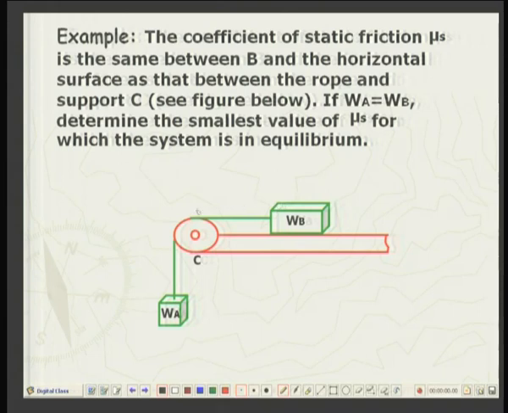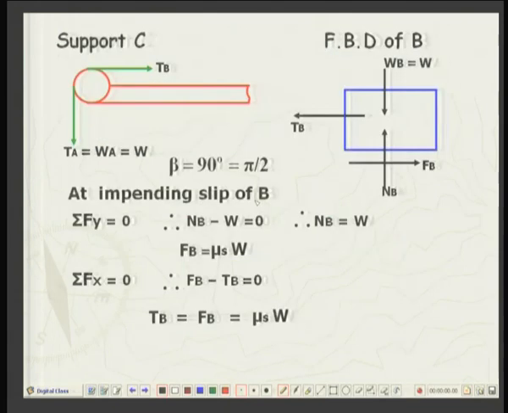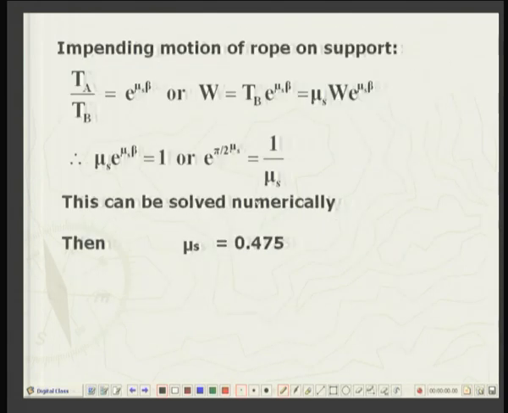So, the slip of the rope and the support is happening at the same instant as the slip between the block and the horizontal surface. So, it means we will use the coefficient of static friction for this exponent at that impending slip case.